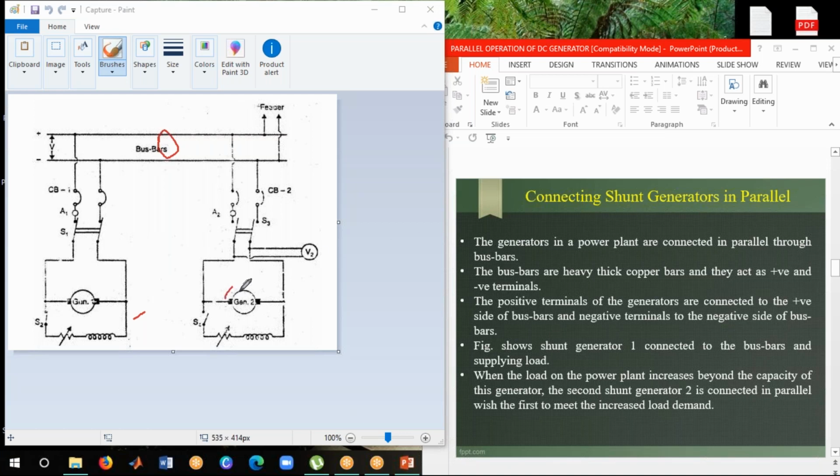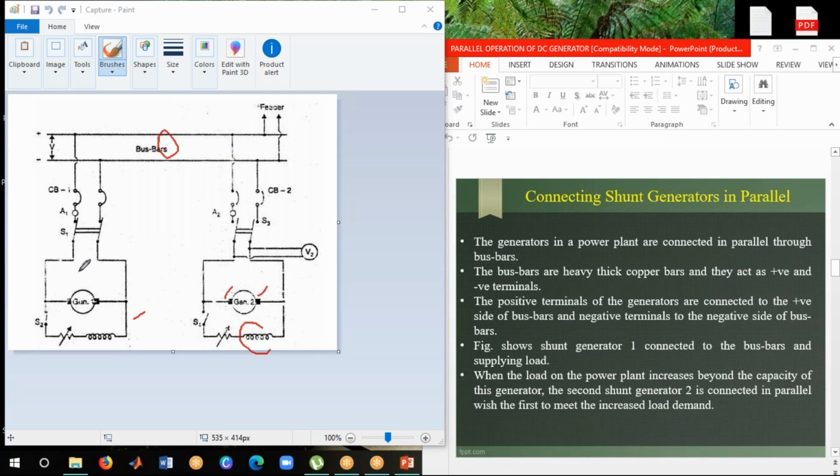So this is the armature winding and this is the field winding. Sometimes when problems are given, they won't mention whether it is shunt or series. Then you have to identify from the diagram whether it is a shunt or series. Now I will explain how it will work.